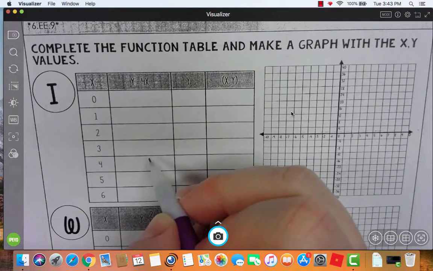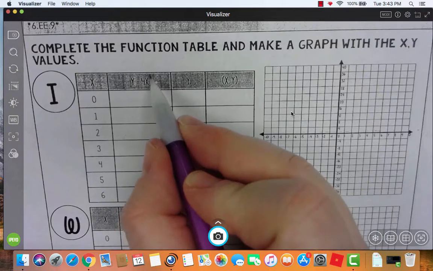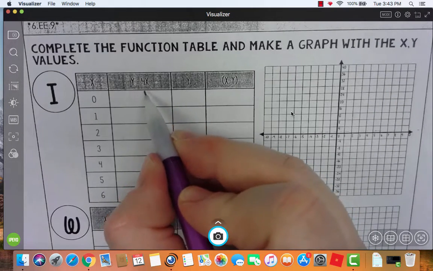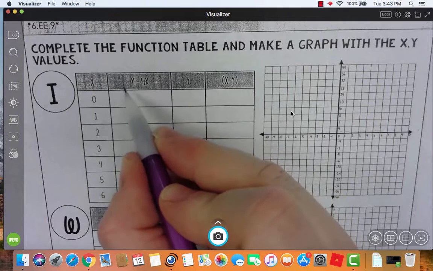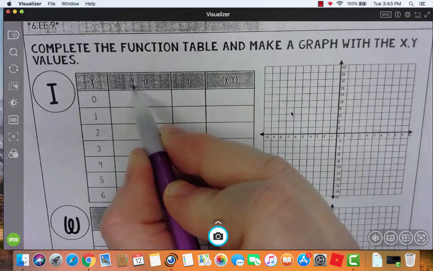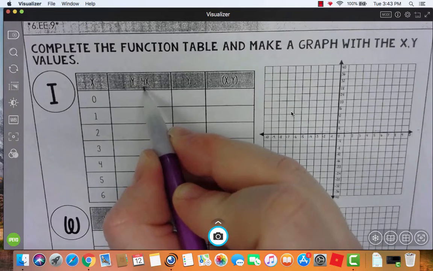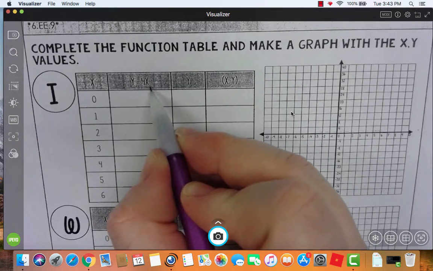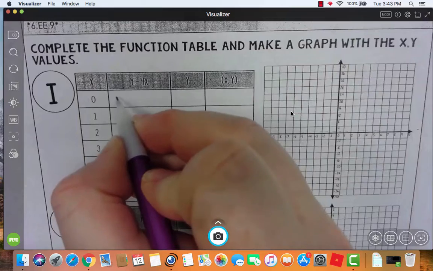Now, on your function tables, you just saw 4x, but now we're turning it into an equation where we have two expressions that are equal. Okay? So y equals 4 times the number x. So I'm going to rewrite it.